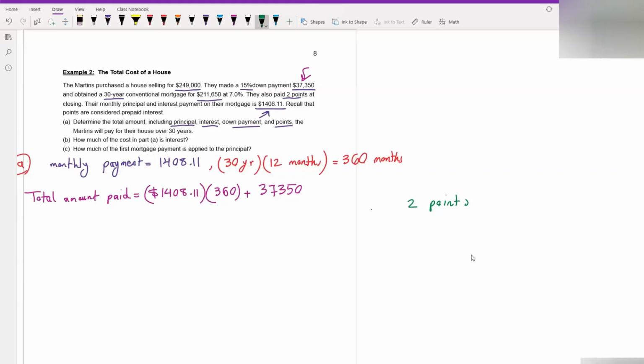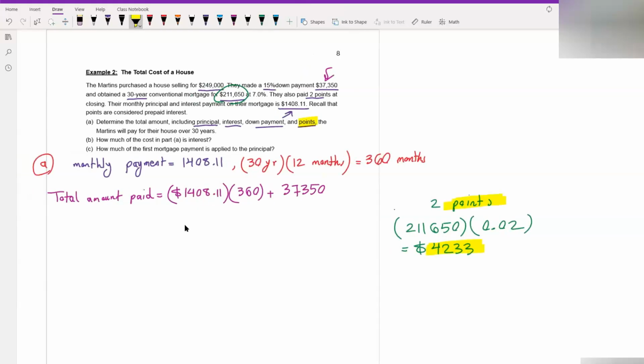Each point was 1%. And the mortgage is for 211,650 multiplied by 2%. So this part is equal to 4,233. So plus points.